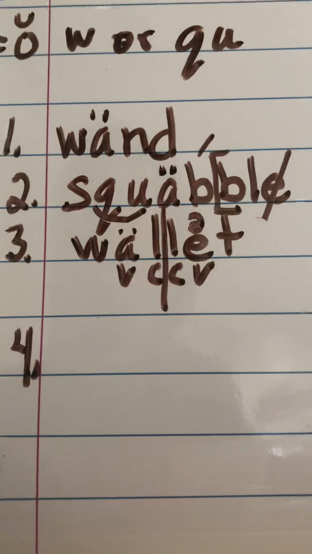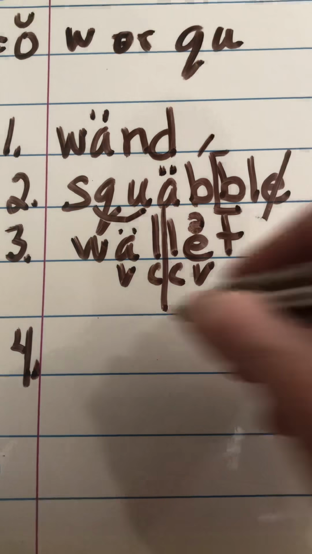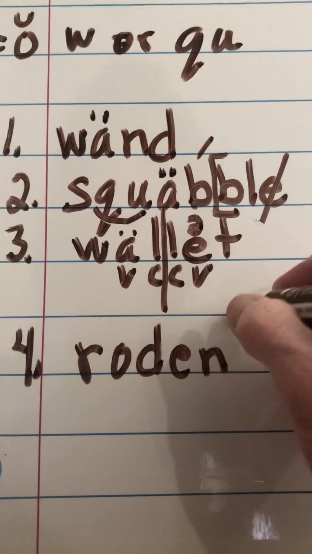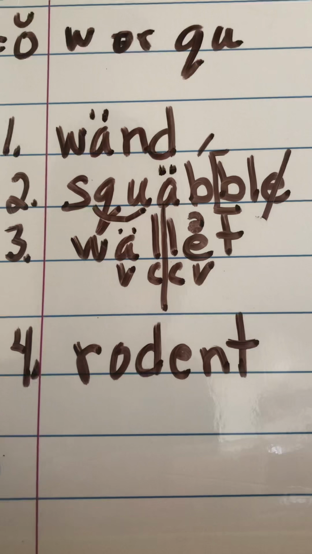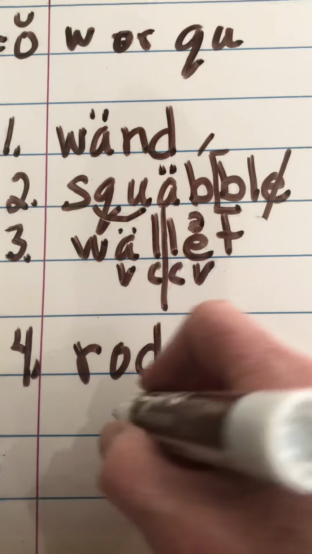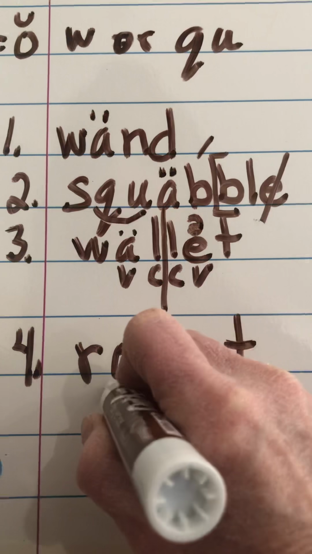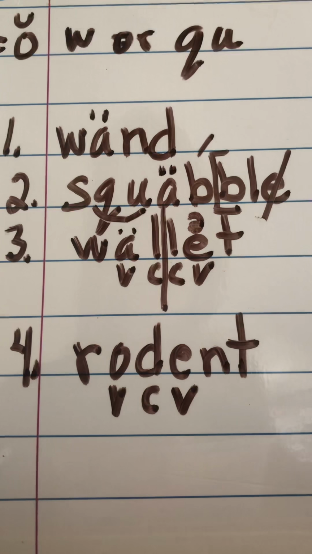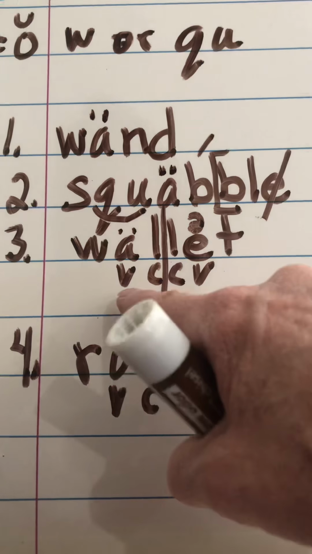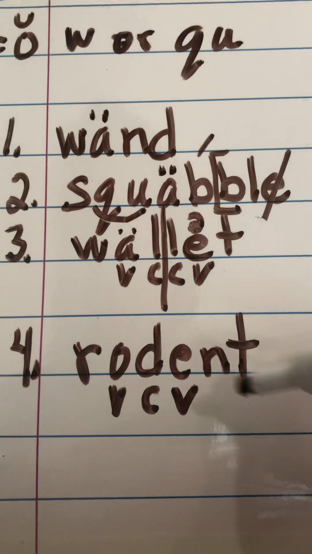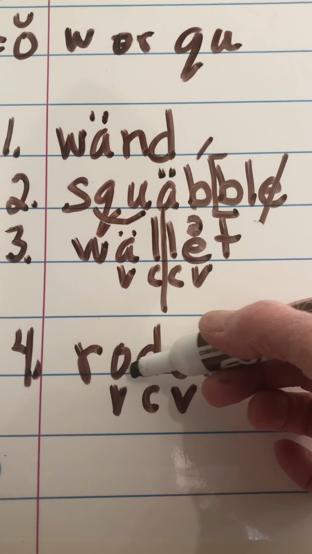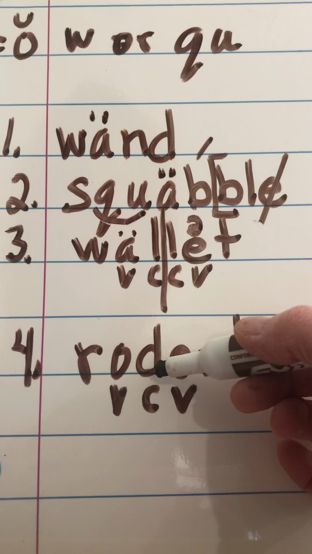Number 4, I have the word R-O-D-E-N-T. Once again, I have a couple vowels I need to take care of. So I'm going to have to look and see if it has a pattern. So I have vowel, consonant, vowel pattern. Now I have to decide whether it's going to be over here or over there where I'm going to divide it. If I divide it right here, that's going to make that a short O sound. It's going to be rodent.